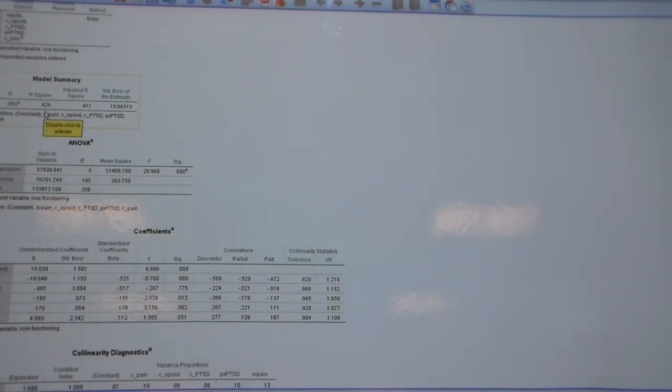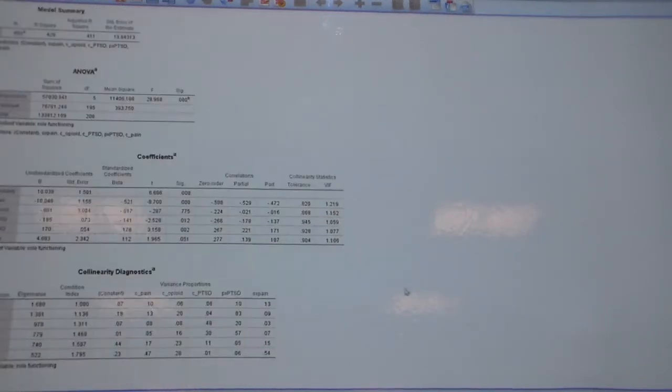Looks like the best linear combination of pain, opiate use, PTSD, and the interaction of pain and PTSD and opiate use and pain is accounting for close to 43% of the variability in role functioning. So I've got a pretty good model here, right? I see that my overall model is statistically significant, telling me that the combination of my predictors is accounting for non-zero variability in my outcome. That's fairly obvious with a sample of over 200, but that's my formal statistical test, right?